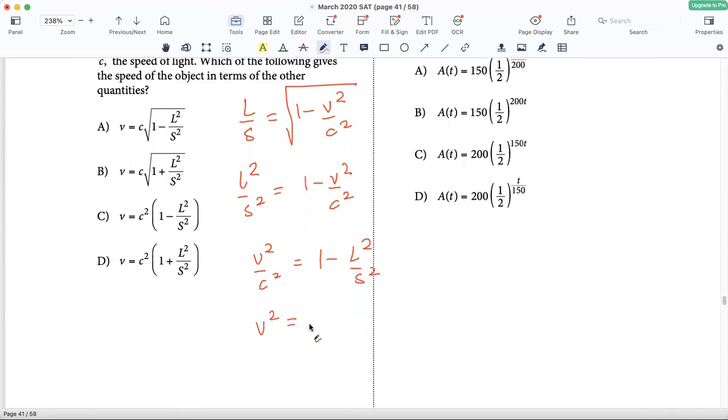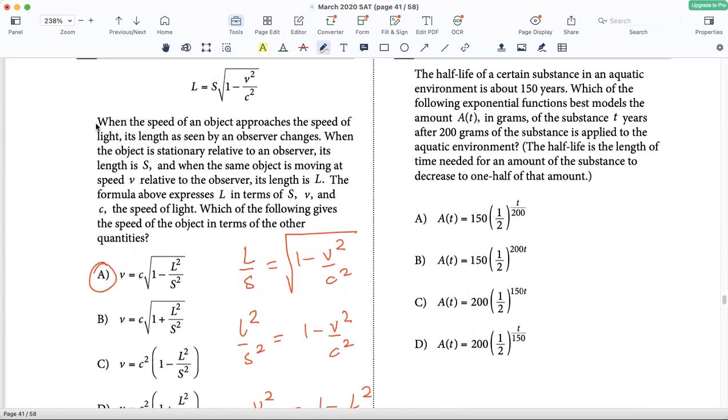So V square is C square times 1 minus L square over S square. So taking the square root, V is C times the square root of 1 minus L square over S square, option A.